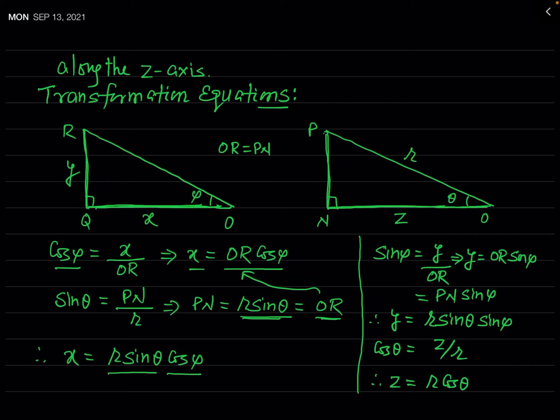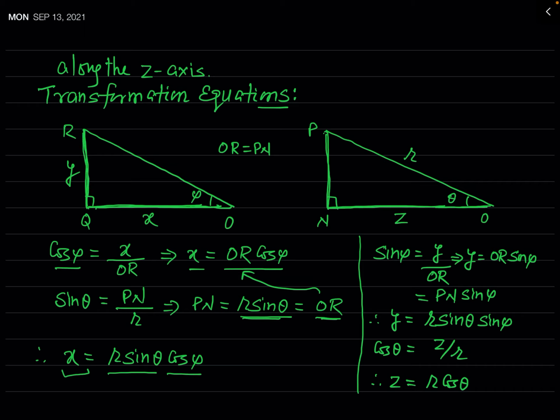This is the first transformation equation. You can see if we know the spherical polar coordinates r, theta, phi of a point, we can easily find what will be the Cartesian coordinate x of that very point. Again, you can see from the first figure that sin phi will be equal to y divided by OR.